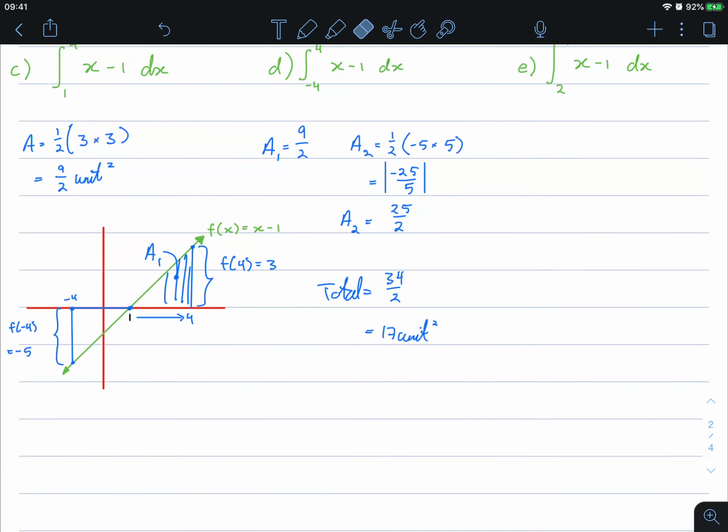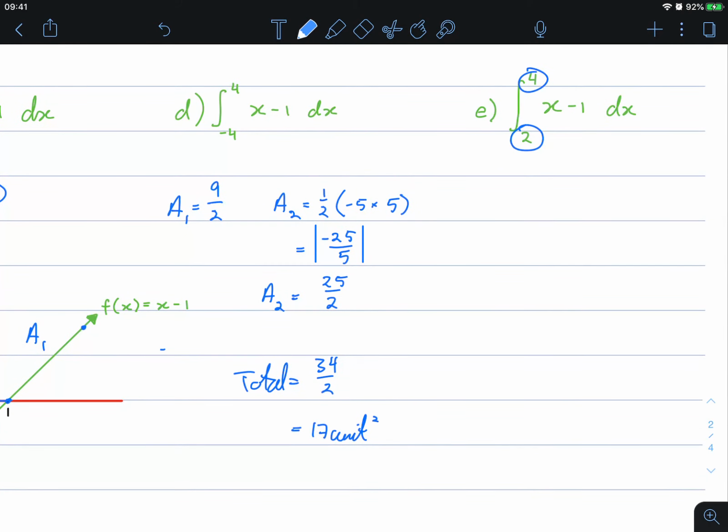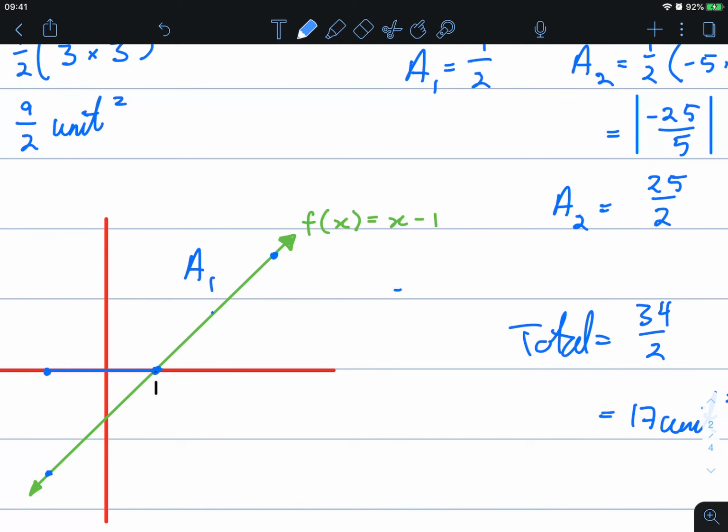One last example on this function. Get rid of everything we don't need. There we are. Now we only want it from 2 until 4. So if we mark this in, let's say 2 is about here until 4, and so we want to find that area there.